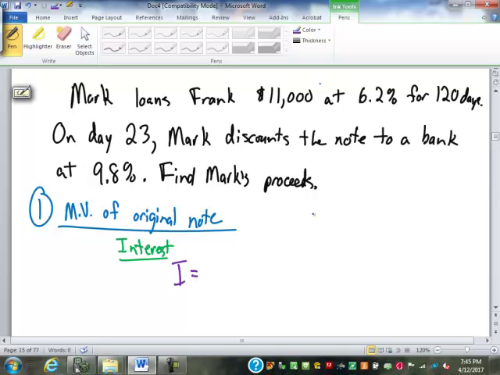How do we find the interest? I equals what? 11,000, $0.062 is my rate, 120 over 360.